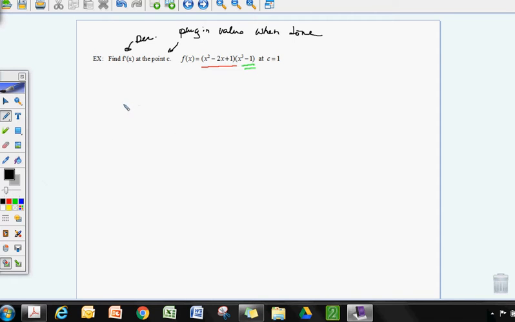So what I'm going to do is use my derivative formula, my product rule. And my product rule says that the first term, x squared minus 2x plus 1, is going to be times the derivative of the second, which is just 3x squared.